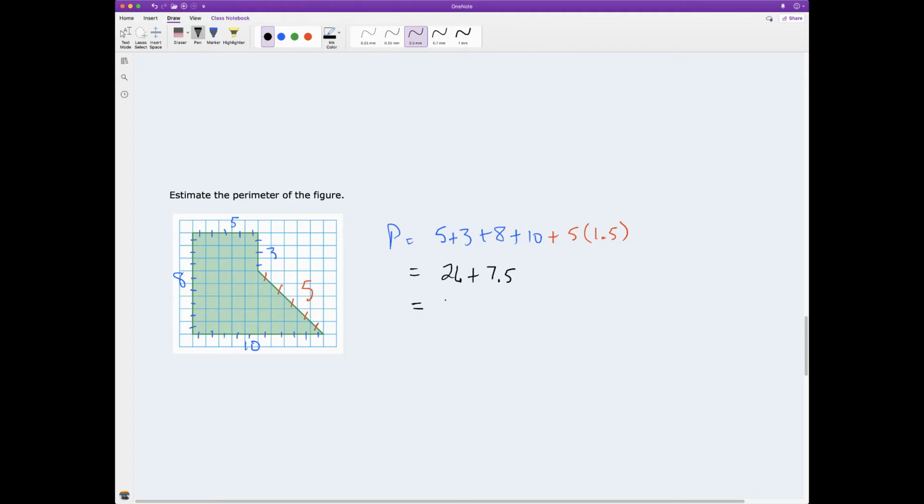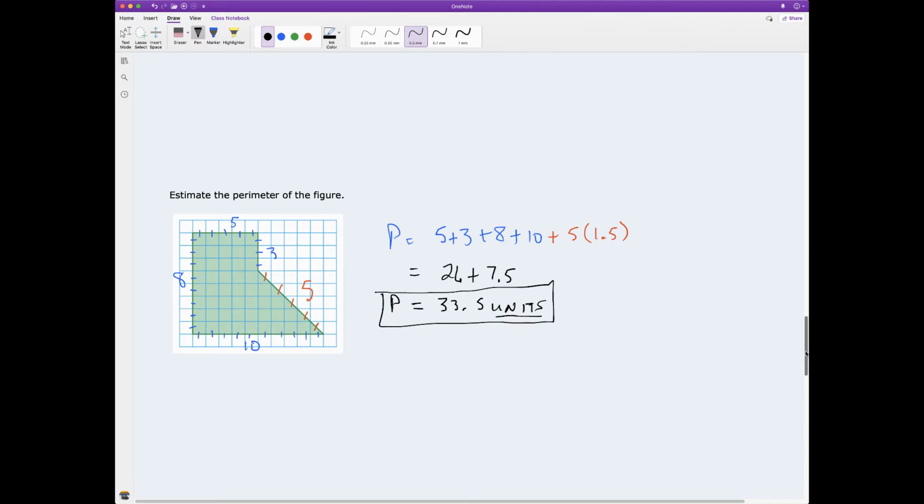Add that together and you get 33.5 units. Notice there are no units given here. If I don't see centimeters or meters or anything like that, then I will write in the word units. So here's my perimeter for this figure.